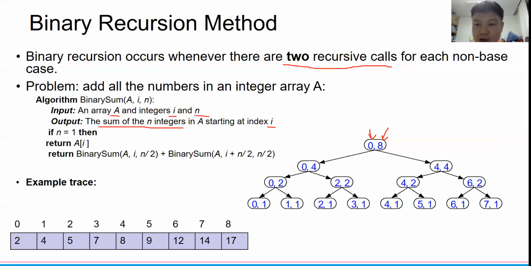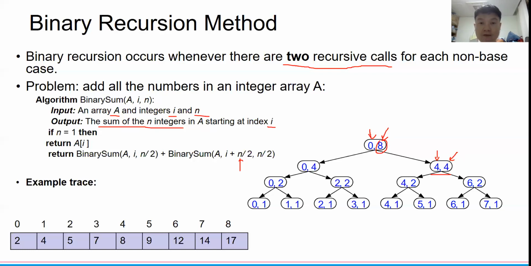For the second one, it is also the same. We are going to start at index i plus n divided by 2. What is n? n is 8 for the first time. Since i starts from 0, it is 0 plus 4, because n divided by 2 means 8 divided by 2 is 4.